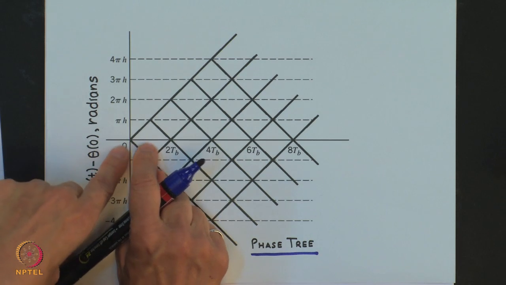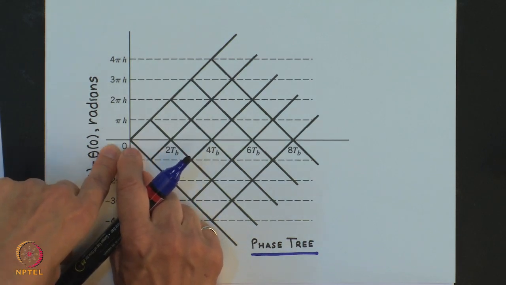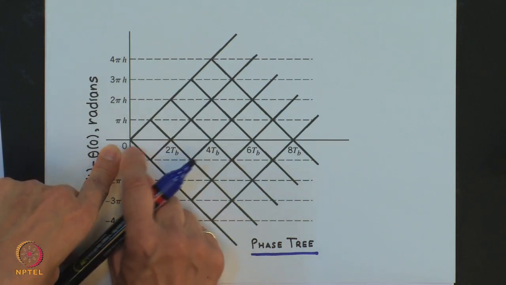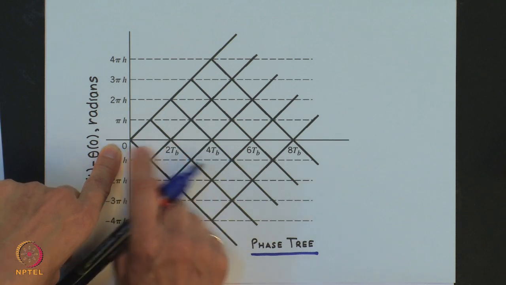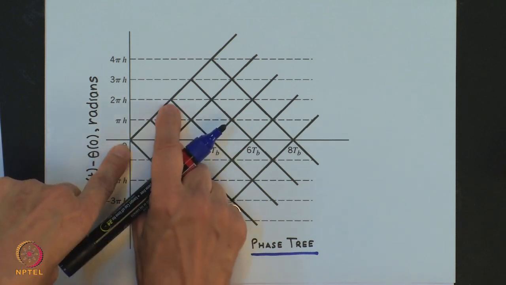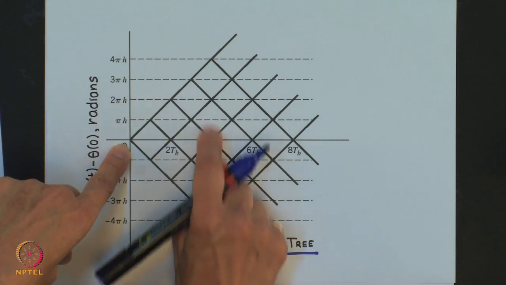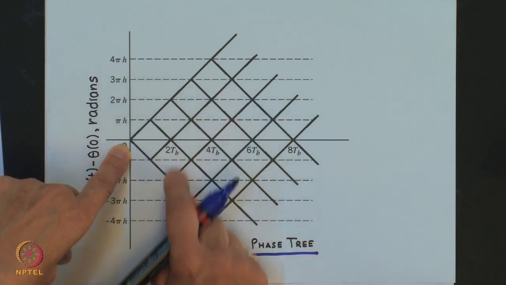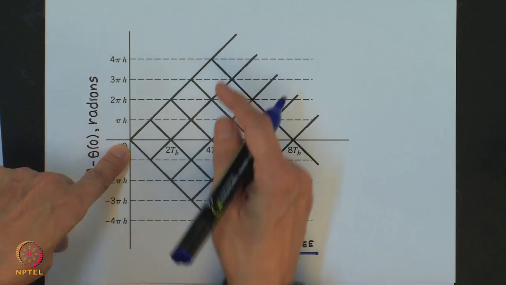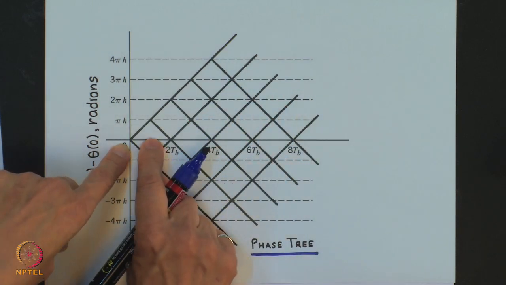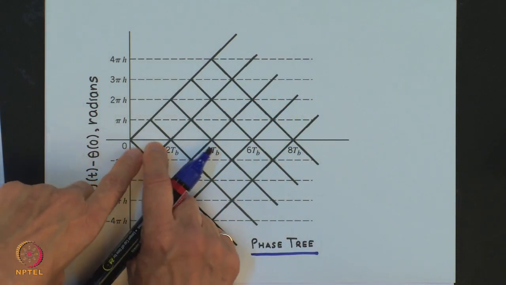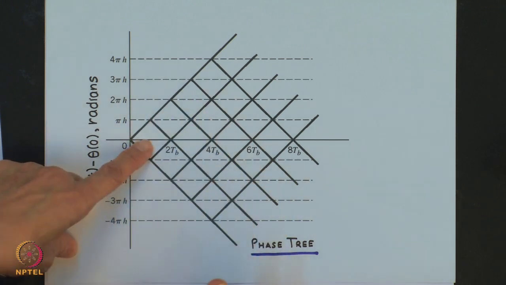So, for instances like 0, 2Tb, look here, this is always either 0, or twice pi h, or 4 times pi h and so on, whereas at odd instances it will be an odd multiple of pi h.